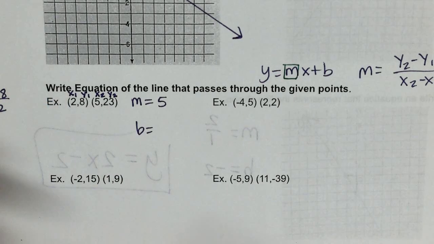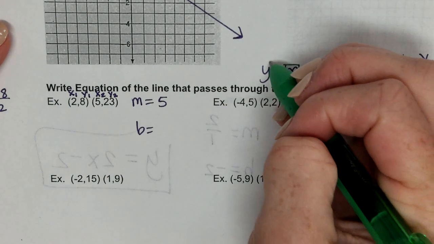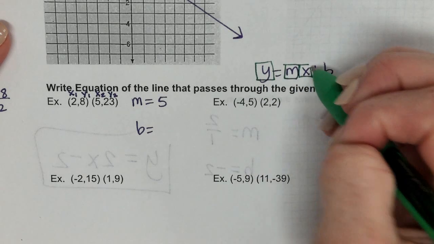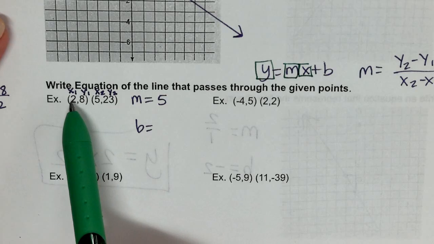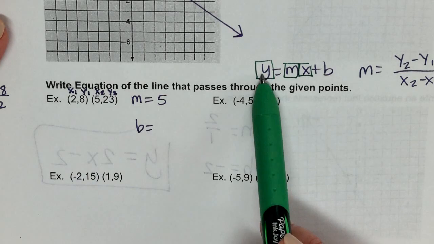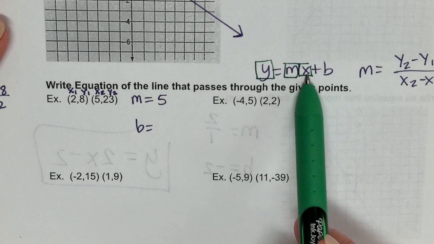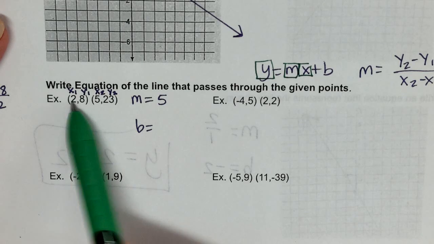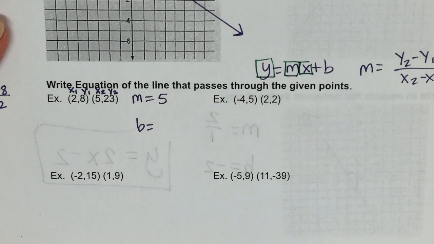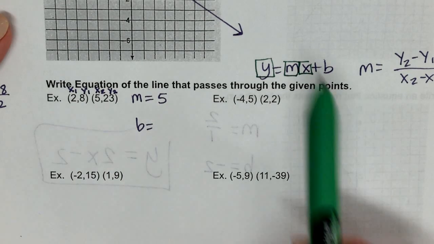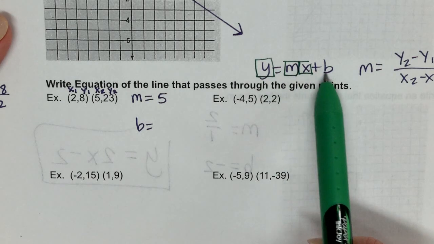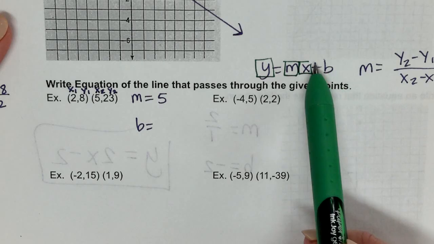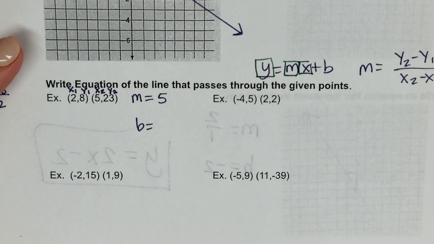You can pick whichever one you want to plug in here and here. Okay, I'm going to say it again. We already have, is this an x and a y? Is this a y? Is this an x? So can I plug in 2 for x right here and 8 for y? Yes. Now that I have all 3 of these pieces, can I write an equation to solve for one missing piece? Yes. So that's what we're going to do.